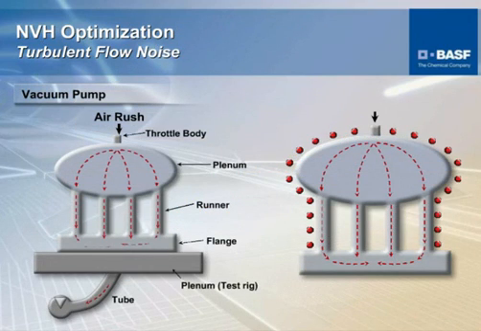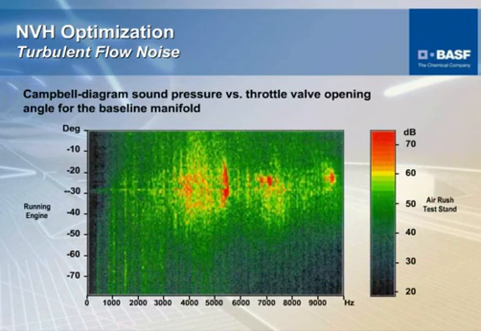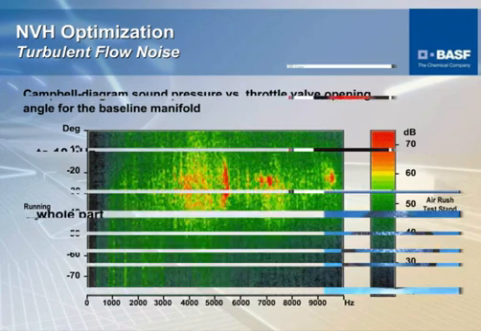Another one is looking at an air intake manifold and air rushing through a throttle body, and then it gets into the plenum and then goes through the flange and so forth. We were looking at a turbulence situation. We looked at the actual waterfall or energy that's propagating, per engine orders. The red area shows where most of that energy occurs.